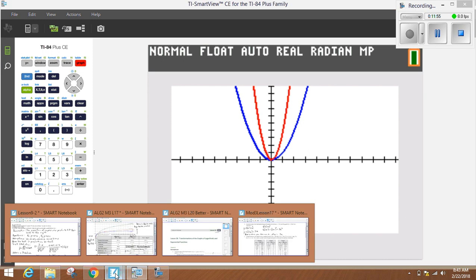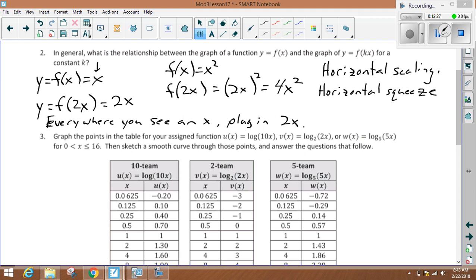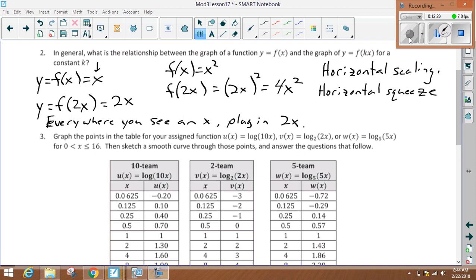So let's answer our question now. What is going on? We could say it's a horizontal scaling, or some people say squeeze. It depends on who's teaching it to you.